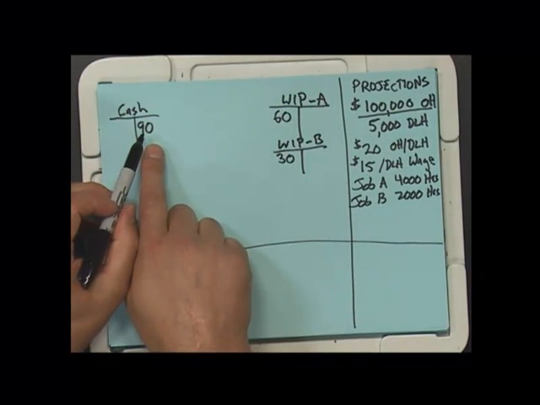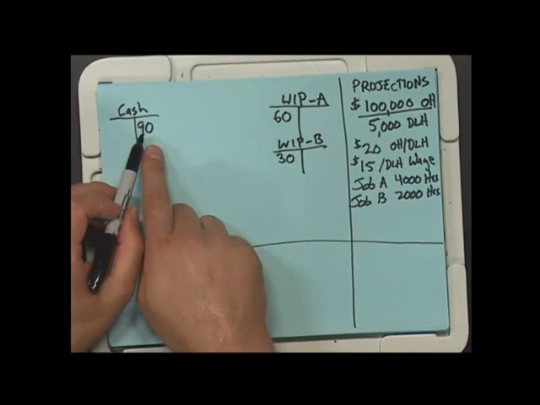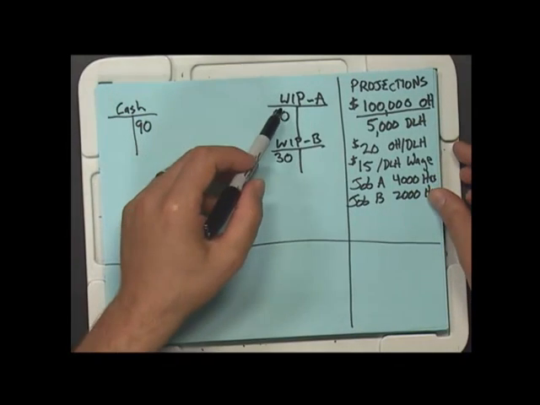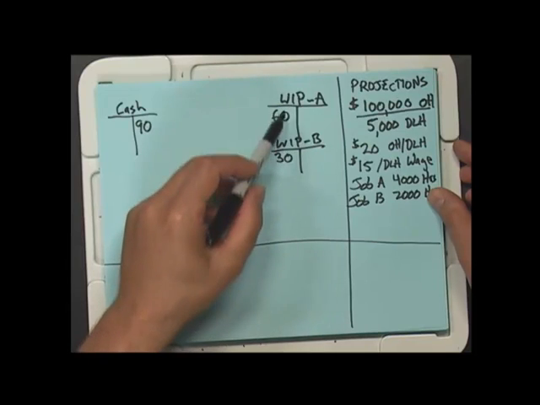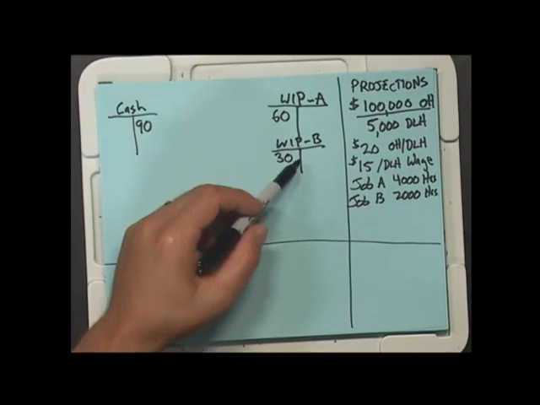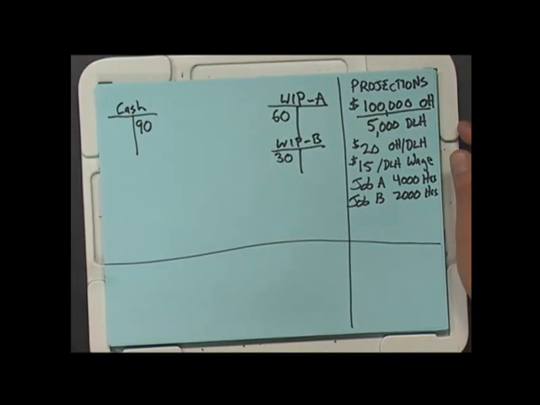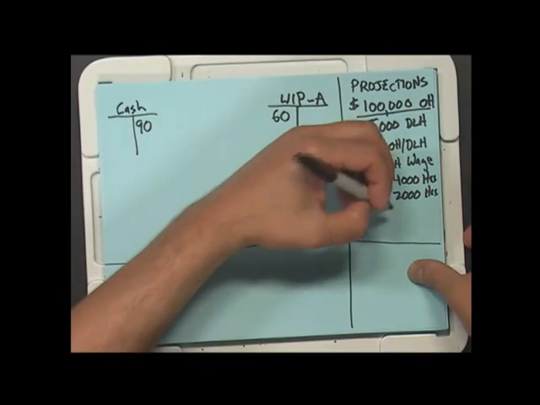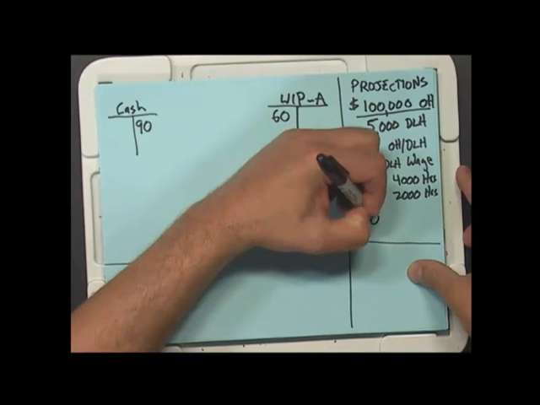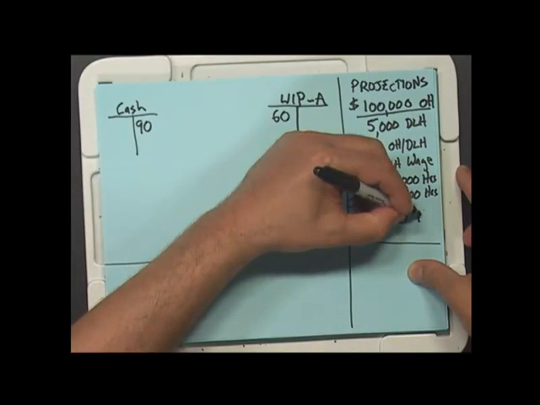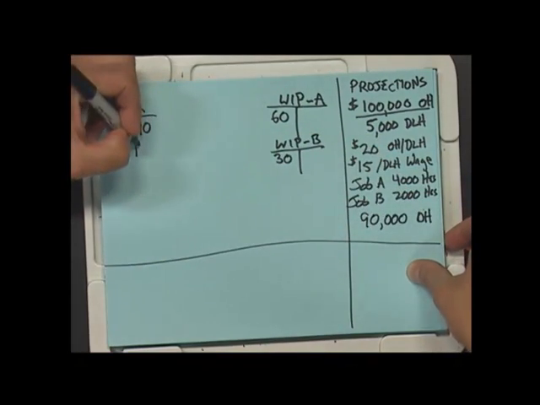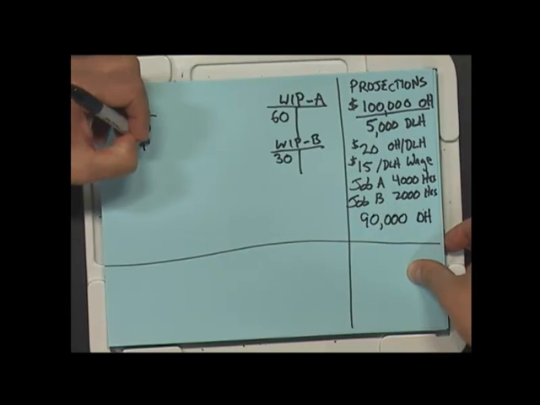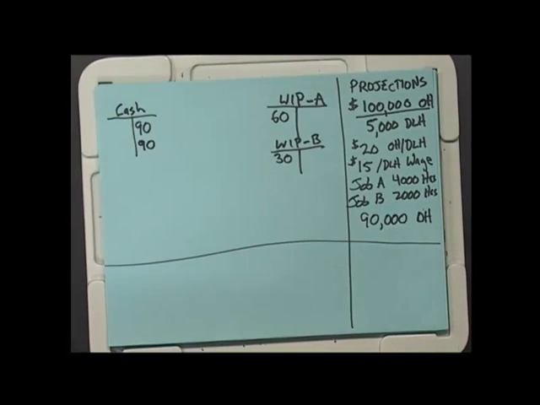Notice that I used up $90,000 of cash, and I know exactly which cost object, which contract or job those dollars go into. Now, I also, by assumption, have an actual $90,000 of overhead, and so we've got to take those dollars, another $90,000, but we're going to treat these differently because this is overhead.